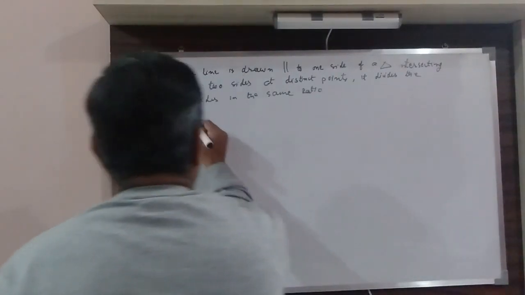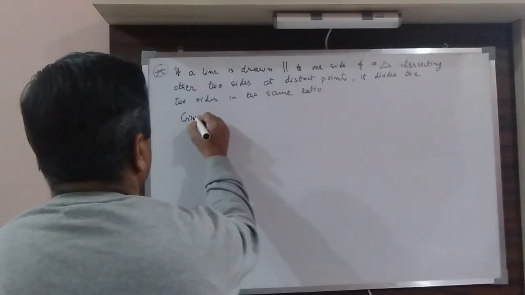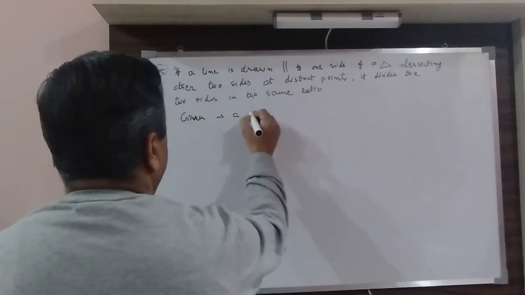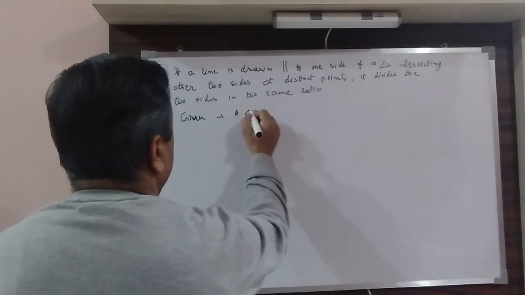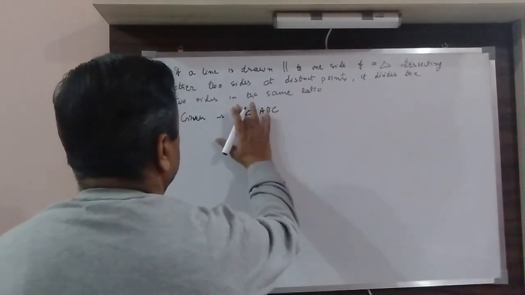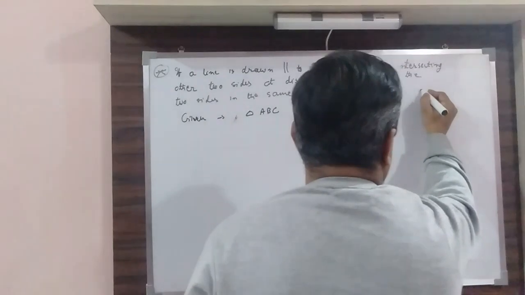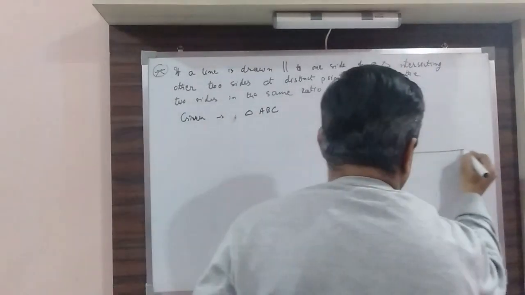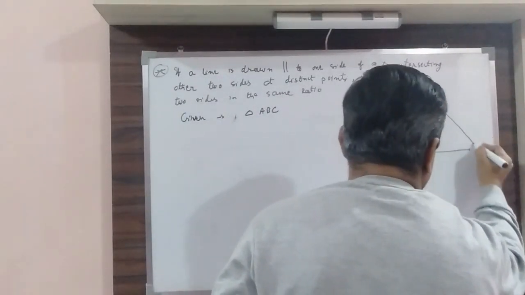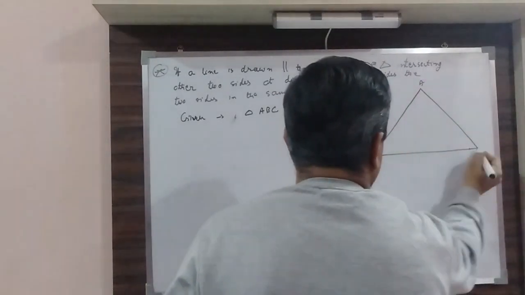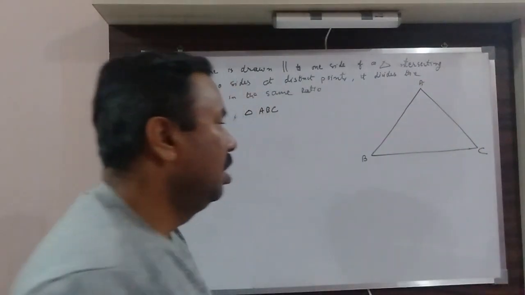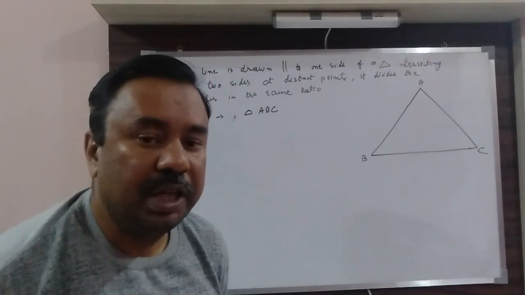Suppose that I have been given a triangle ABC. Make any triangle ABC. I have made one triangle.